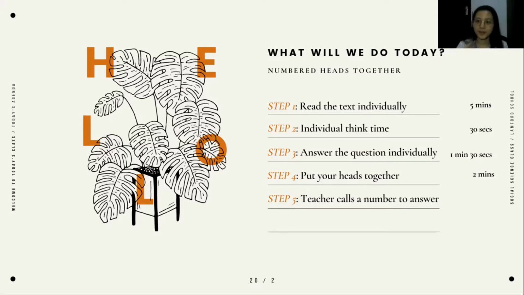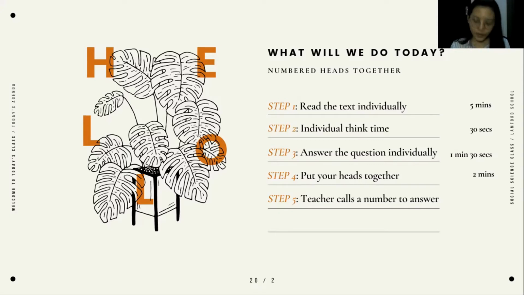your heads together. Basically, what this means is that you have to discuss with your group members and decide on only one answer to present in step 5. What do you have to do in step 5? In step 5, I will grab a piece of paper from the lottery right here. I've prepared it. So, for example, I grab a piece of paper and here it says number 1.